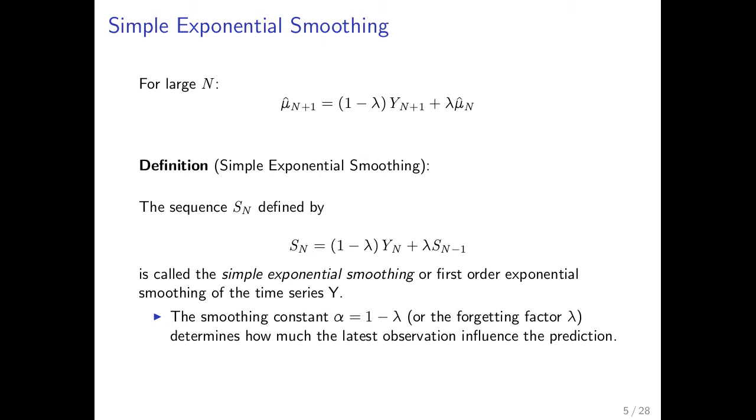Just pick one, not both. But it's mostly just to inform you that some places will use alpha, rather than a forgetting factor, a smoothing constant. The game is the same. It's how much information do you keep from the past and how much weight do we put on the most recent observation.